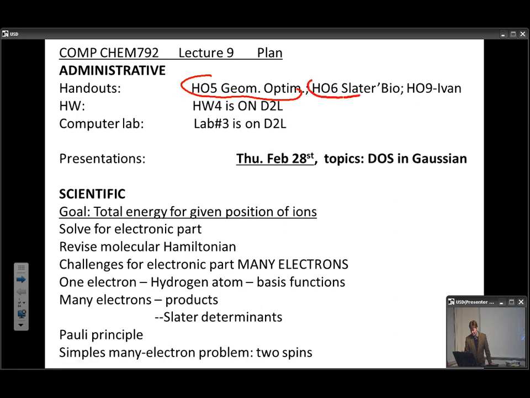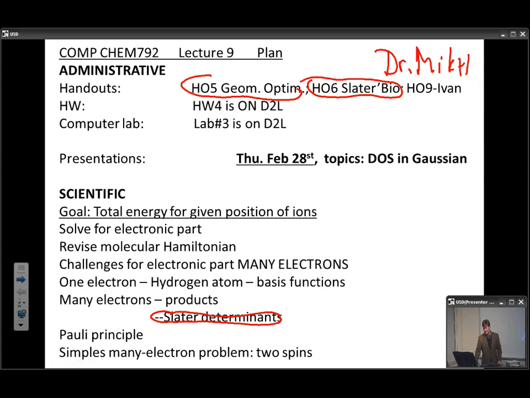There is a biography of one developer of the basics of electronic structure theory, and there is a version of lecture number 9 from 3 semesters ago, where Dr. Mikhailov was substituting for me when I was away, and you can see an alternative way to present things.